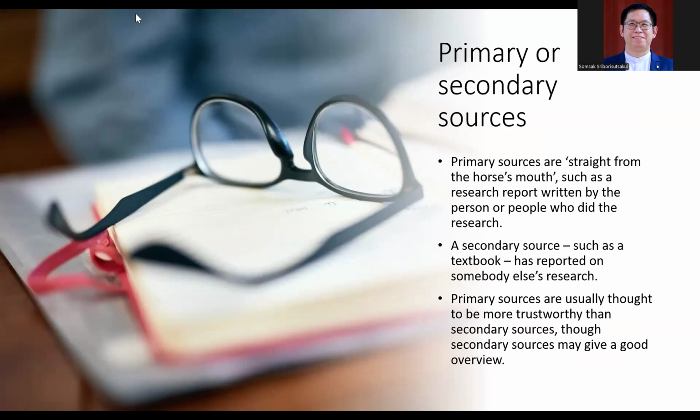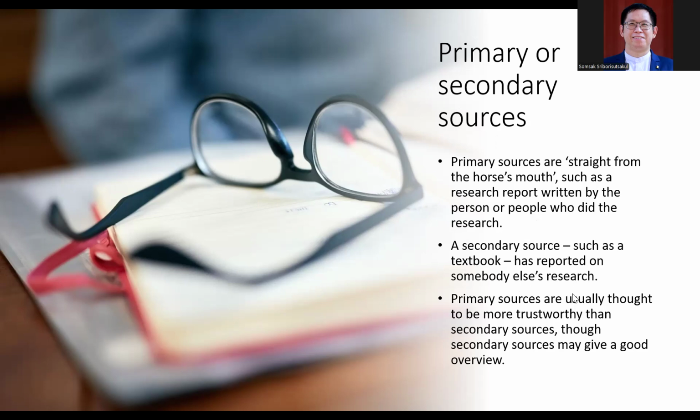So get back to our presentation slide. And as you can see, again, primary sources are straight from the horse's mouth. Original, right? Such as a research report written by the person or people who did the research. A secondary source, such as a textbook, has reported on somebody else's research.